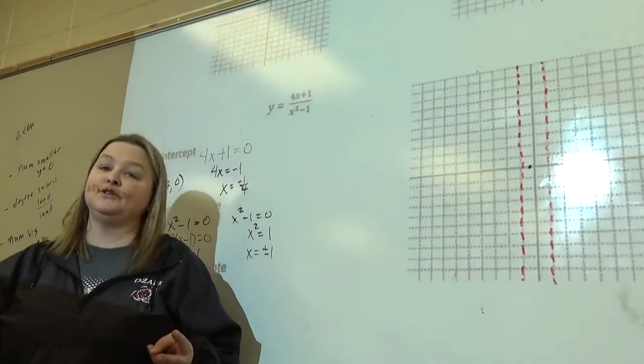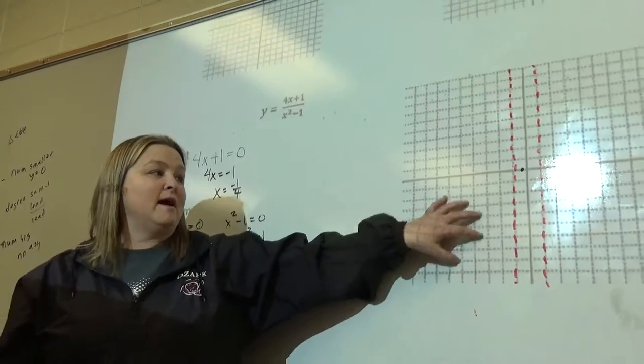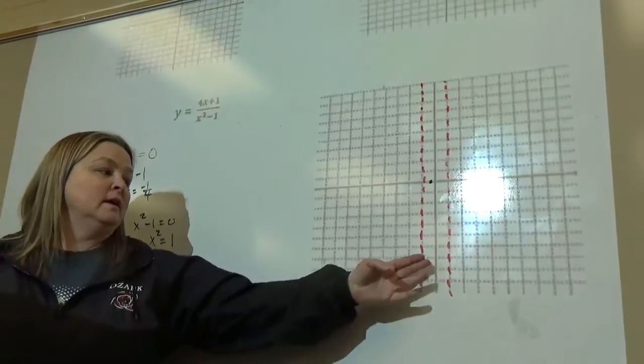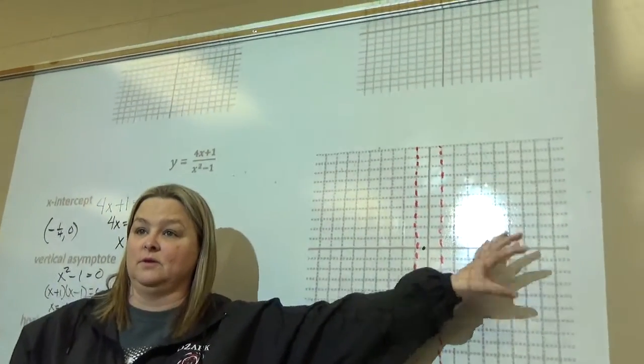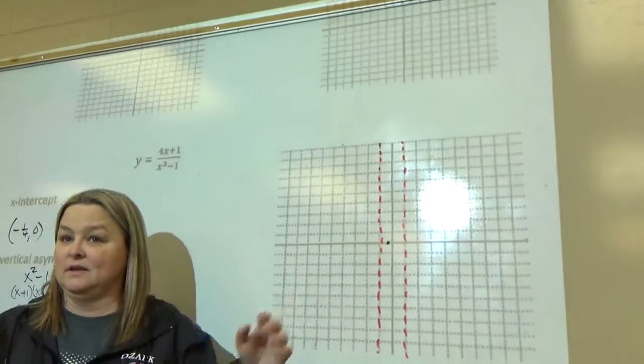Since I have two vertical asymptotes, the graph's going to look one way here, different in between here, and different over here. So we're going to have three different graphs.